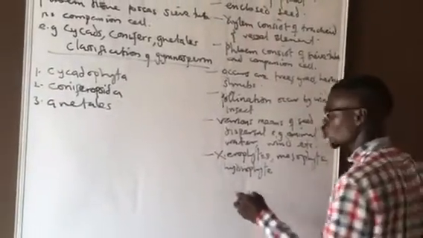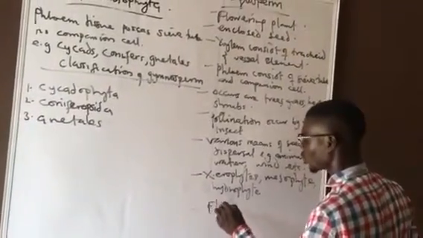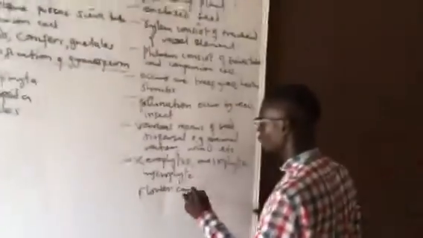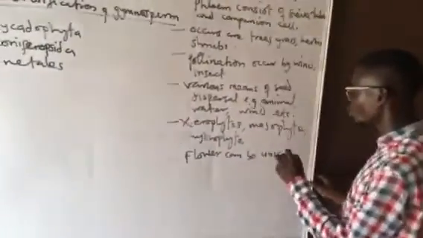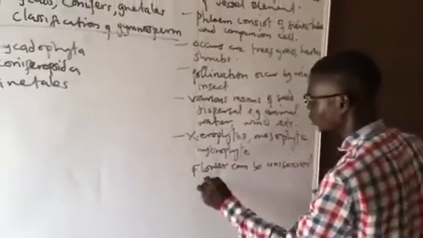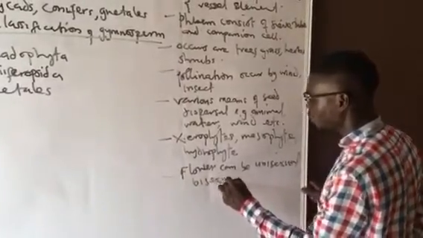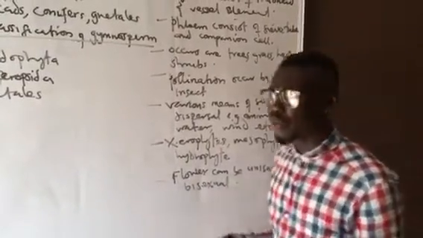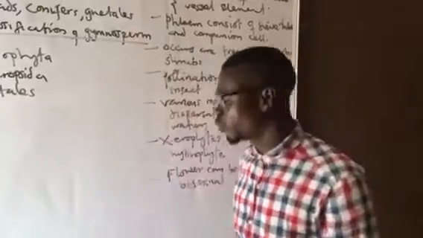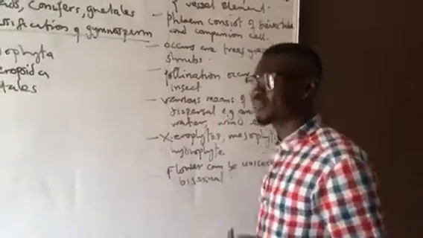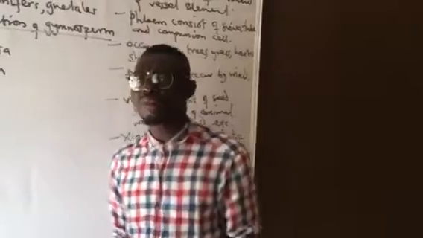The flower can also be unisexual or bisexual. When you say unisexual, that means the flower produces only one of the male or female reproductive organs, the stamen or the gynoecium. While when it is bisexual, the same flower produces both male and female organs.